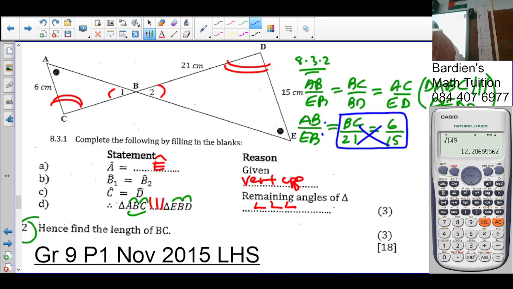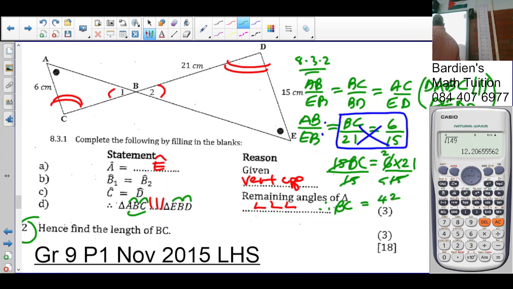So what do I do? Cross multiply. So it's going to be BC times 15. 15 BC is equal to 6 times 21. How do I get BC on its own? Divide by 15 both sides. So therefore, BC is equal to 6 times 21 over 15. 3 goes into 15, 5 times, 3 goes into 6, twice.